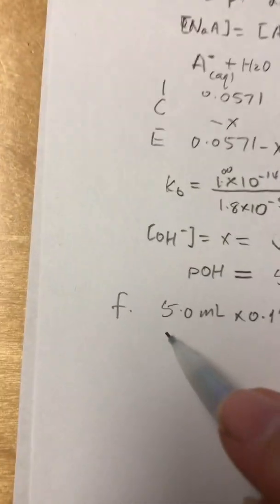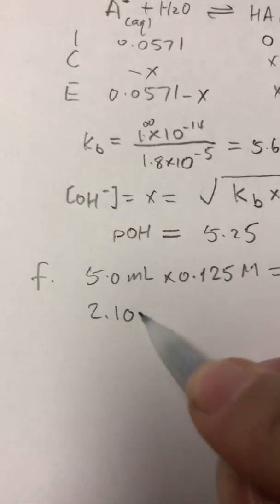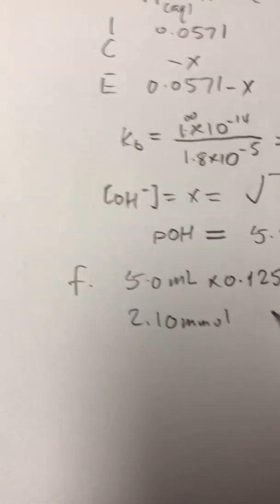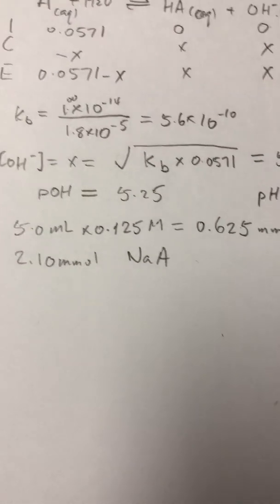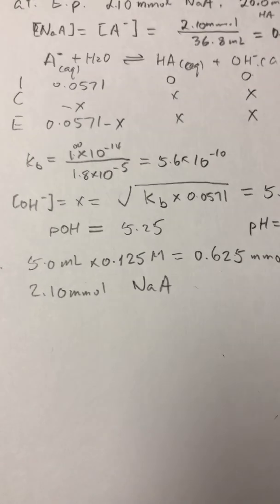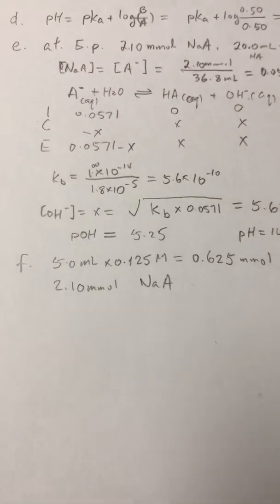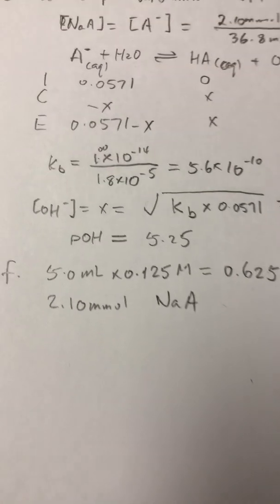In this solution, you also have 2.10, let's say, millimoles of sodium A as a weak base. Okay, you have a small amount of strong base and a little bit more, probably a little bit more than 3 times more, amount of a weak base in the solution.